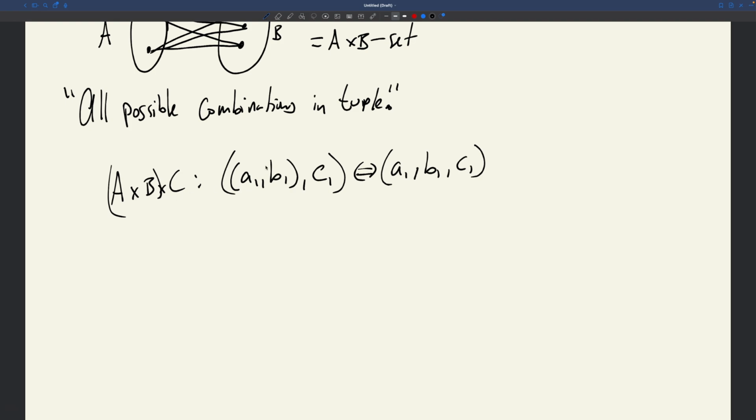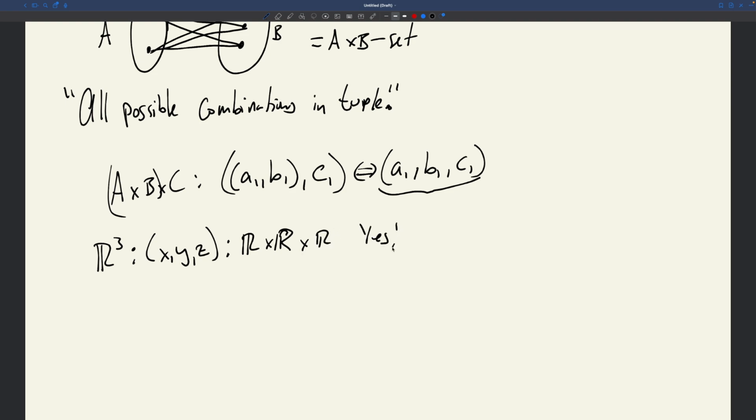The idea that people might get into is that when you see this, it looks kind of abstract, but we could bring it down to a concept that we know. For example, R3, where we have x, y, z. This is a formulation of three elements, but that begs the question, is this the same as R cross R cross R, which is yes.